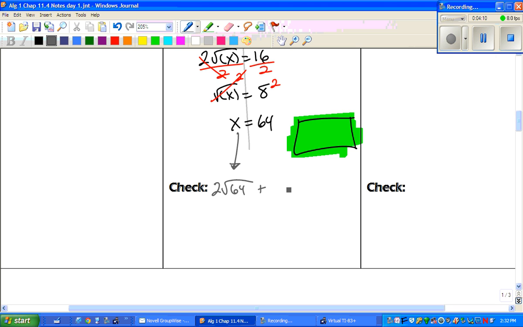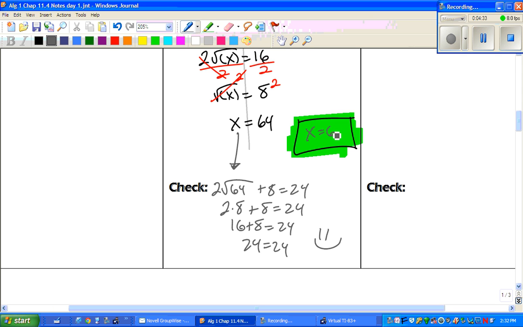So 2 times the square root of 64 plus 8, does that equal 24? Well, the square root of 64 is 8. 2 times 8 is 16. And does 16 plus 8 equal 24? It does. So our answer is x equals 64.